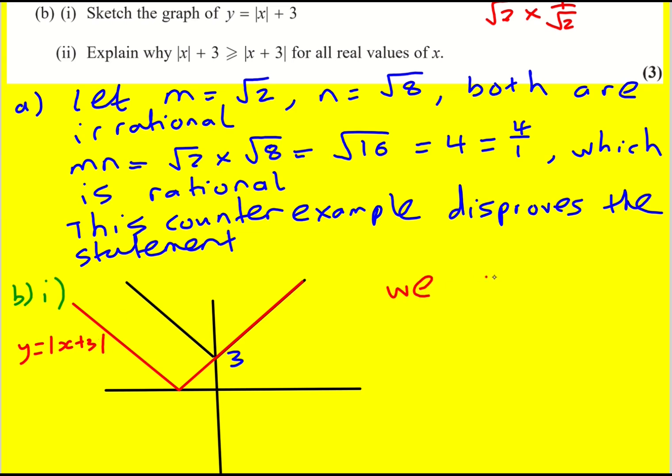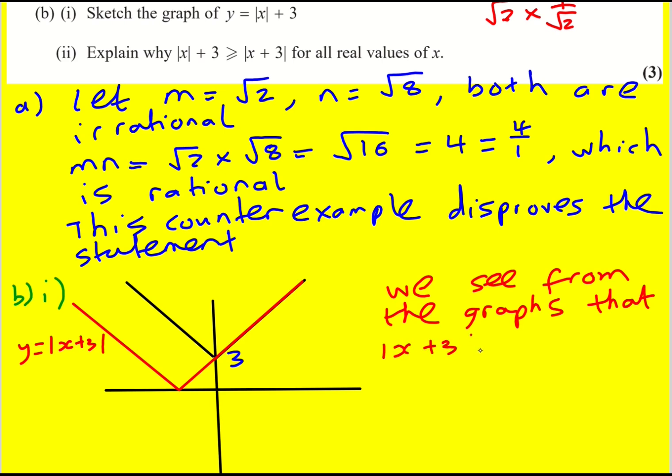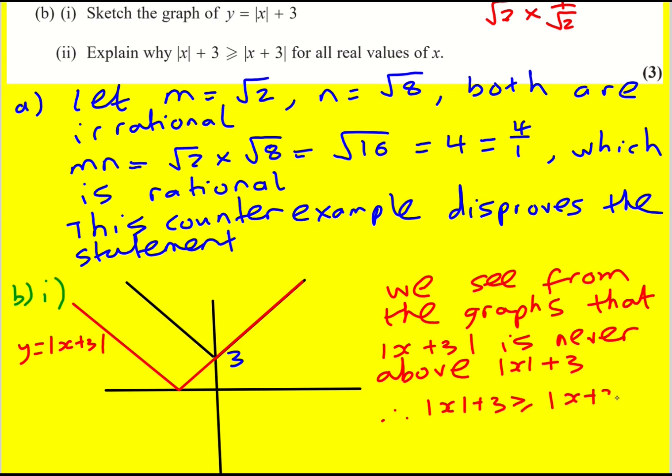So we see from the graphs that this is never above, therefore. Okay, so the graph and a few words of explanation are adequate here.